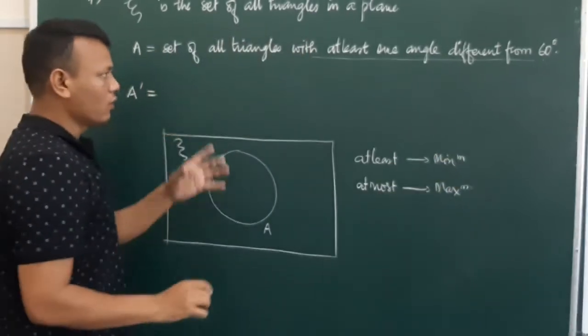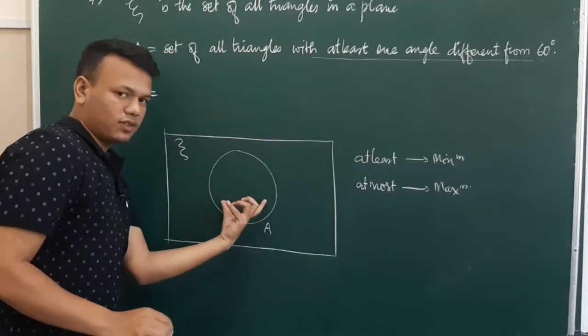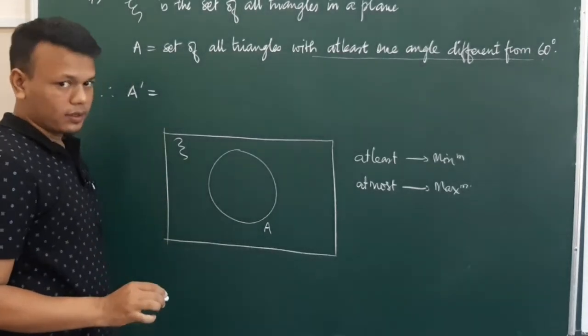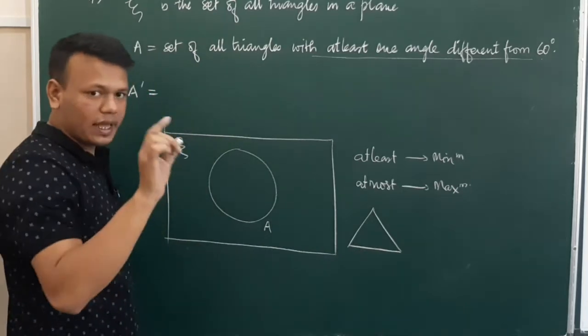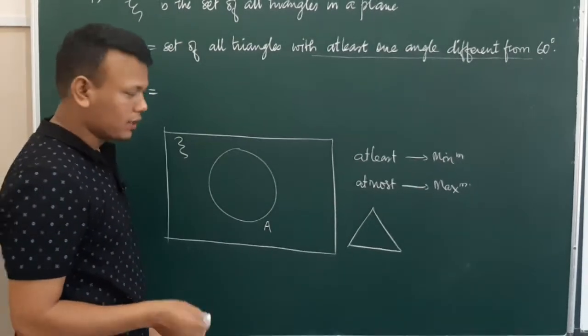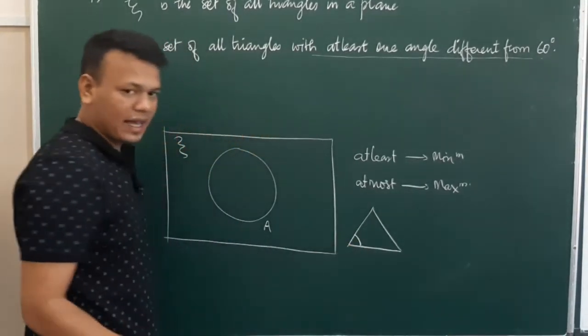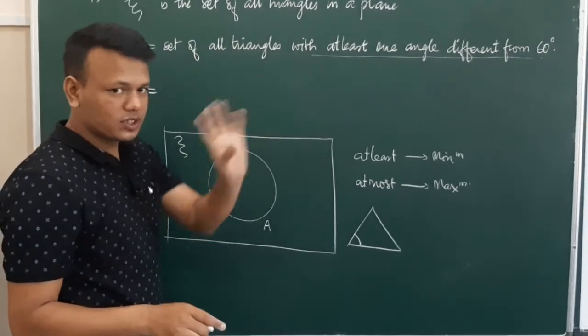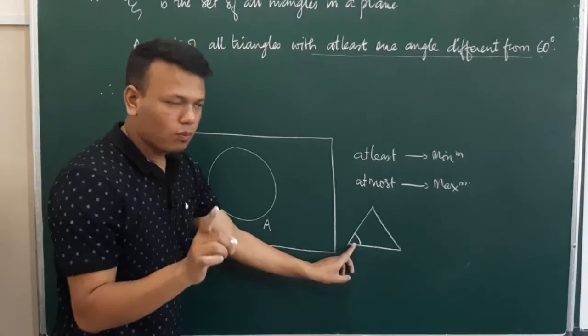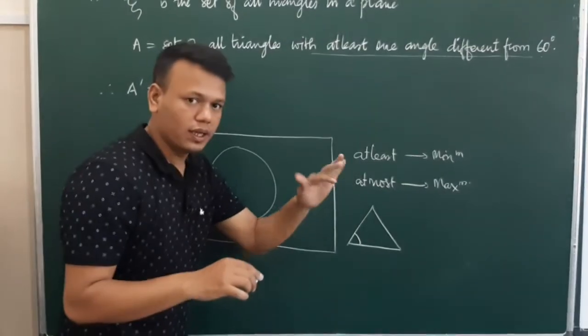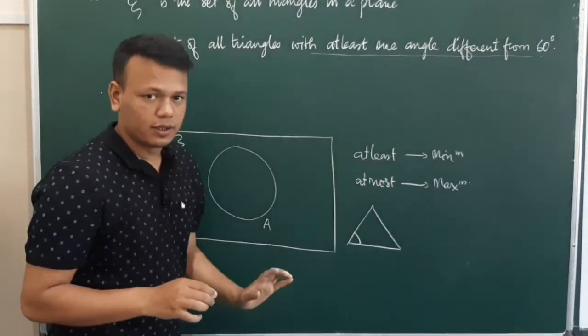According to the question, this set contains those triangles whose at least one angle is different from 60 degree. That means minimum one angle has to be different from 60 degree. Are you understanding my case?